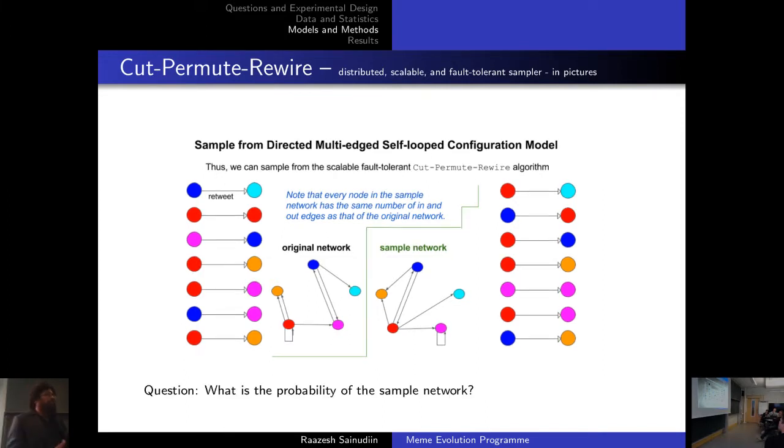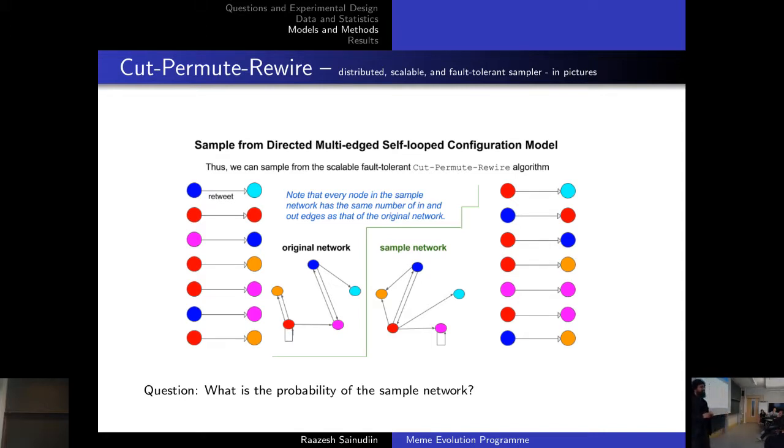Now the question, so make sure you are paying attention: what is the probability of the sample network? Those who are looking at the slides shouldn't answer. Yes, 1 over the number of permutations.